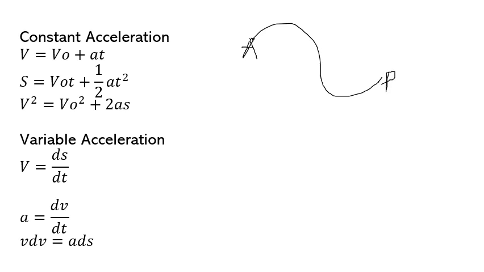For example, there are two points, A and B. The distance here is the original path. And displacement is the straight line distance between the initial and final position of an object along with the direction.